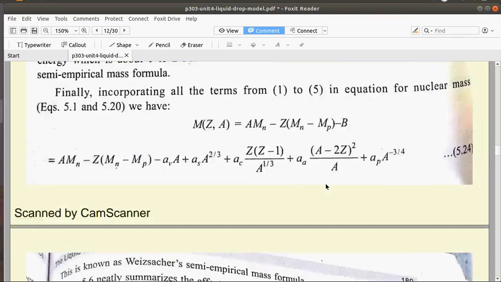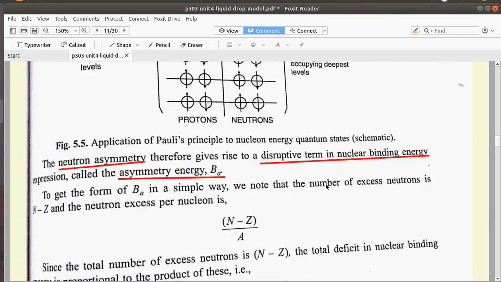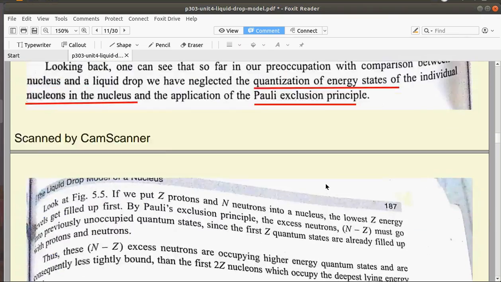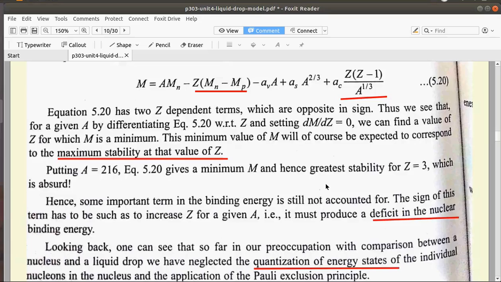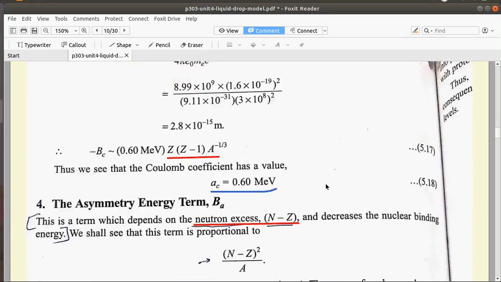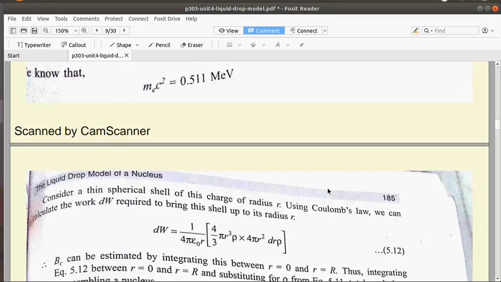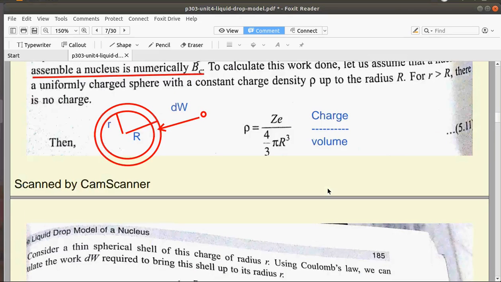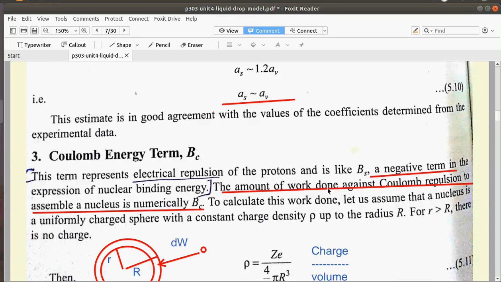I think it will take some time, so we'll continue in the next lecture regarding this concept. Please revise, and I'll ask questions regarding the asymmetry term and other terms of the semi-empirical Weizsäcker formula. Okay, see you in the next lecture.